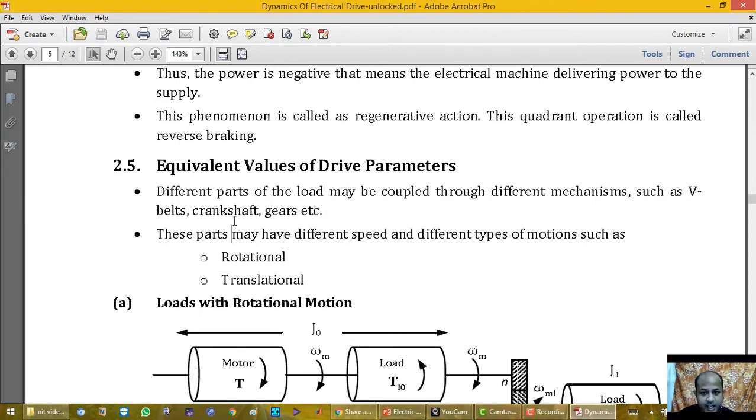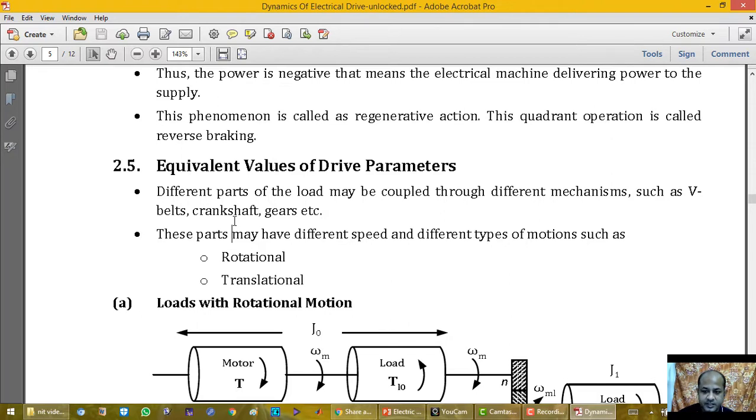As we have mentioned earlier, it can be rotational, it can be translation, or it can be a combination of both, that is rotational and translational.